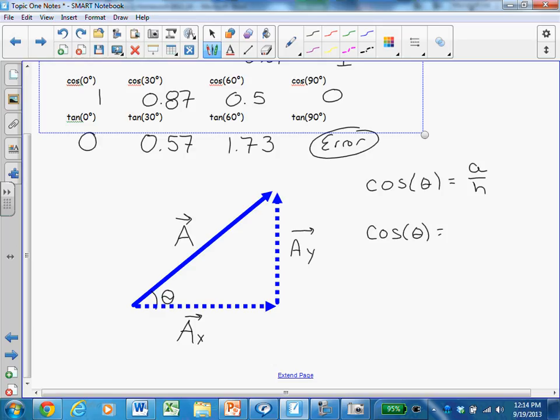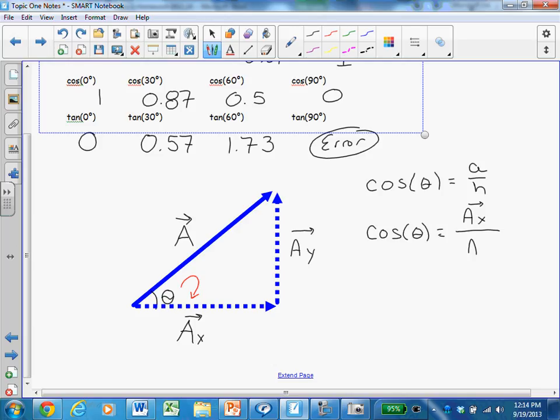AY? No. AX, right? Because that is right here. That's the adjacent side. It's not the hypotenuse, but it's the other side that's adjacent to the angle. And then, what's our hypotenuse? A.